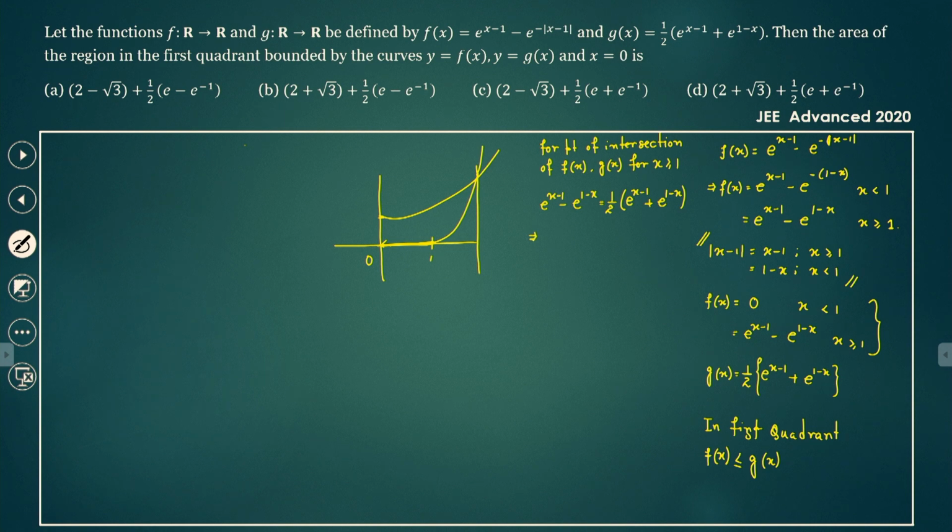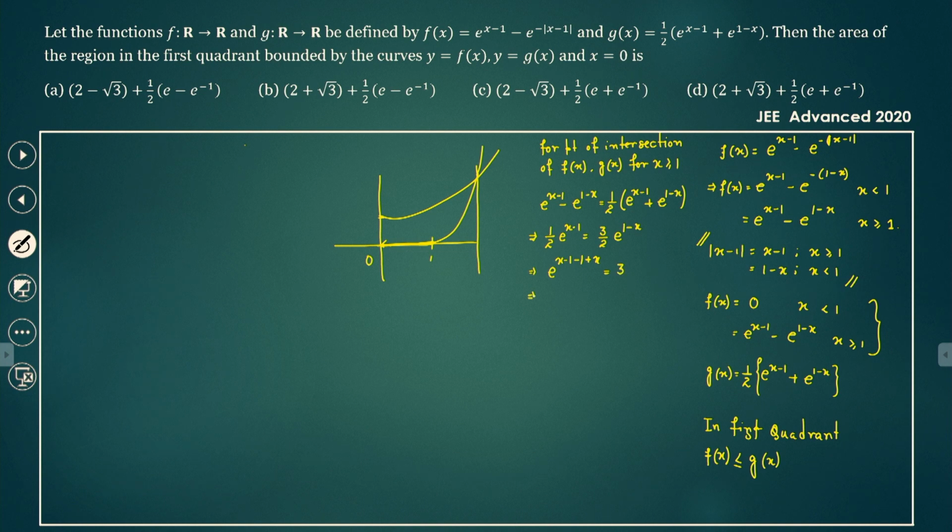So if we rewrite that and take it to one side, we'll get 1 by 2 e to the power x minus 1 is equal to 3 by 2 e to the power 1 minus x. Just take all the terms together. So it implies that e to the power x minus 1 divided by e to the power 1 minus x, so minus 1 plus x, is equal to 3.